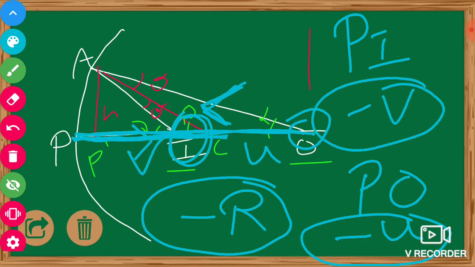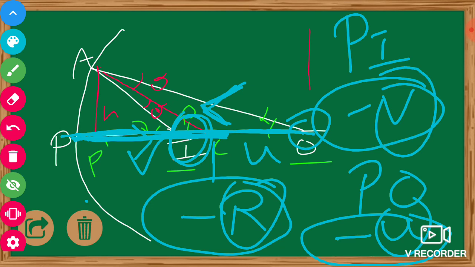Now we get the distance PC, the radius of curvature, as minus r. These r, u and v are variables for our convenience, for which we already derived an equation for universal purpose. These are variables, and we could represent them with other variables, but for the universal method we are giving these.